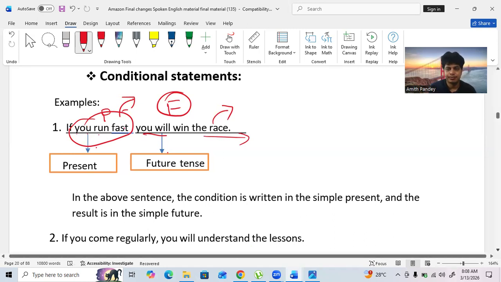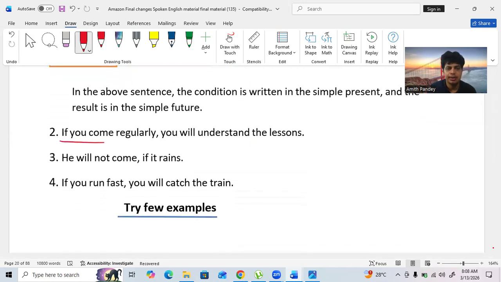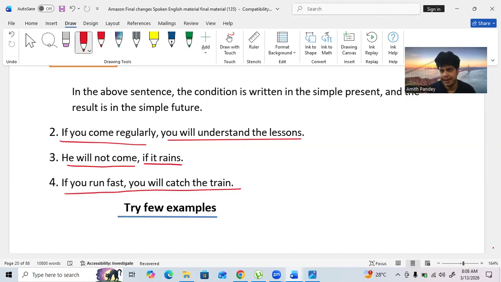Fine. So here we go. If you come regularly, you will understand the lessons. Hope you are getting the point. If it rains, he will not come. If you run fast, you will catch the train. So for all such questions, you can go through this.